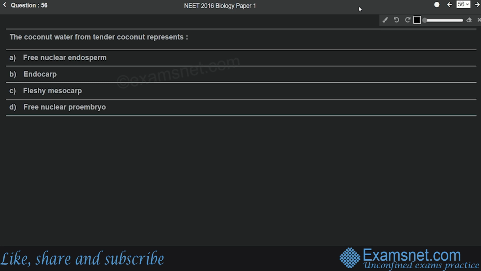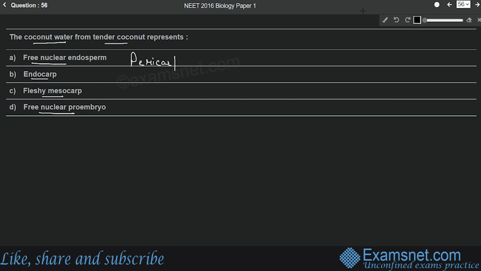Question number 56 is from the chapter Sexual Reproduction and Flowering Plants, and the question is, the coconut water from tender coconut represents. Options are free nuclear endosperm, endocarp, fleshy mesocarp and free nuclear proembryo. So let's see. We know that the outer covering of the coconut is known as pericarp, right?